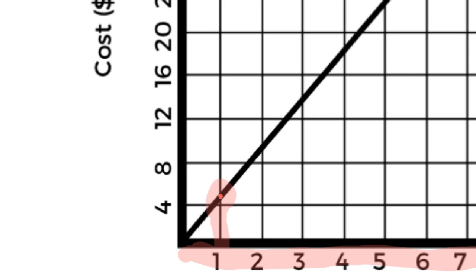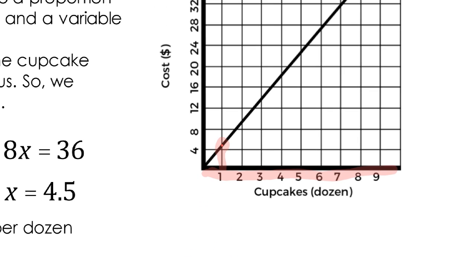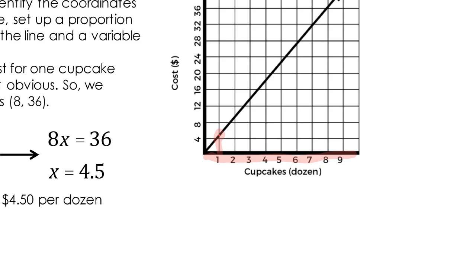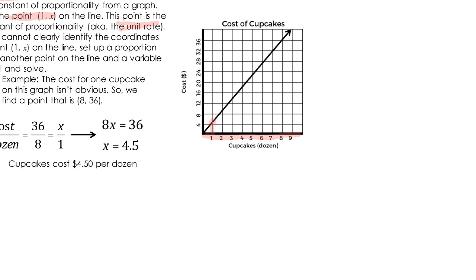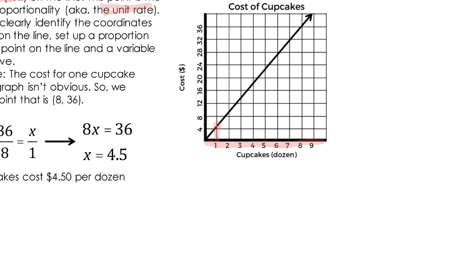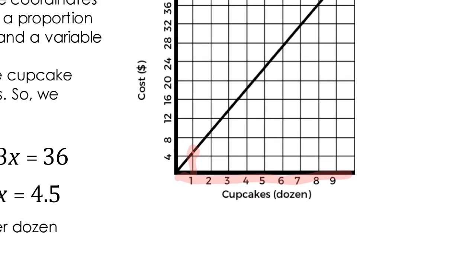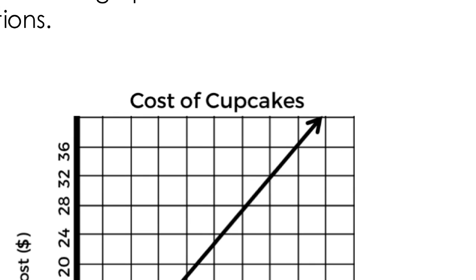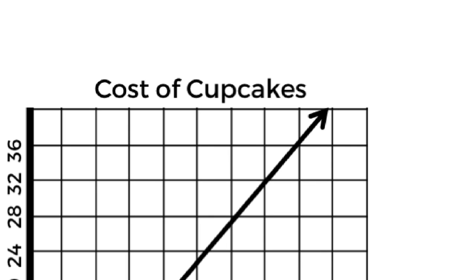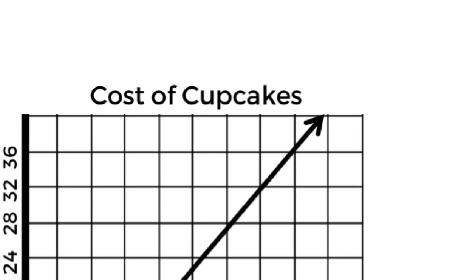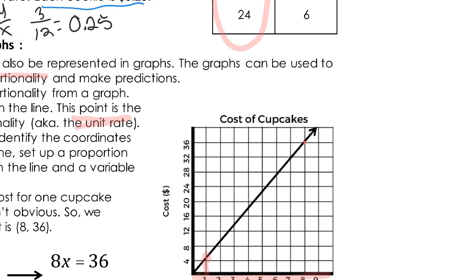Looking at this graph, is there another point that goes directly over 1? There is, and it's 8. 8 goes directly over the point, so we can use that as my unit rate.